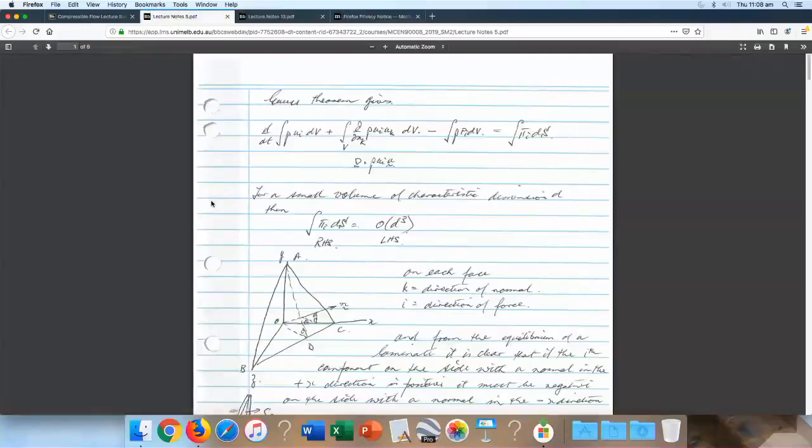Yes, so here's what I did. So this was using Gauss's theorem, and that was the momentum equation, and then that led to this idea that the force on the ith direction over the normal n depends on these other directions, and I worked that out for you.